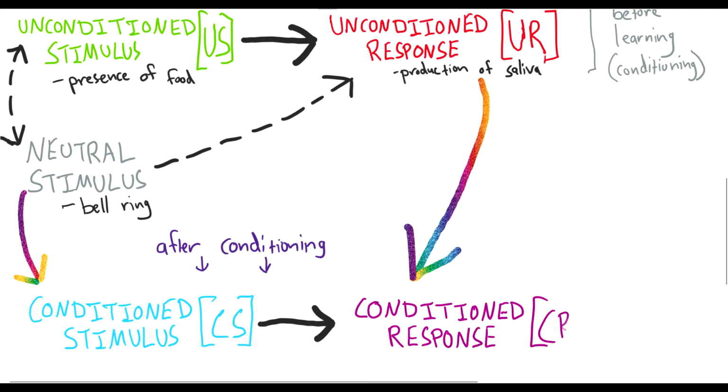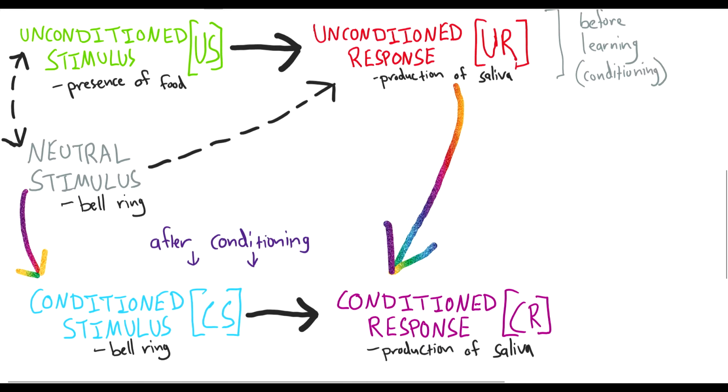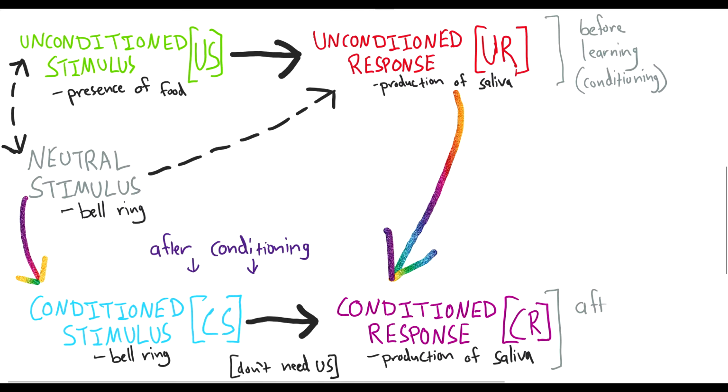So in this case, the UR, the unconditioned response, and the CR, the conditioned response, are the same, but this is not always the case. The CR is usually weaker than the UR, so we see some differences between the two. So with classical conditioning, the result is that the CS now produces the CR. And we don't need the unconditioned stimulus anymore to elicit this response. So here we are after learning, after conditioning.